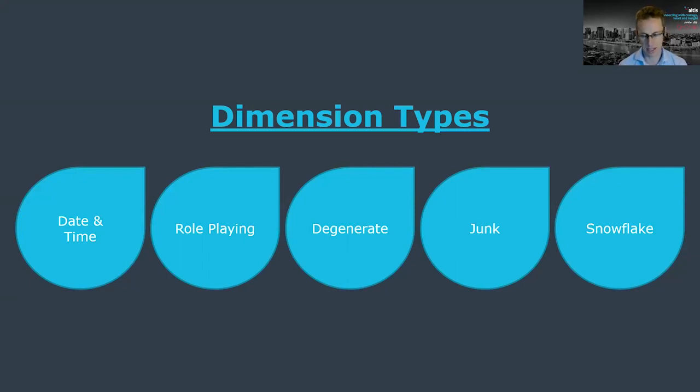You may choose to take that out and create a separate product category dimension that has a relationship between the product dimension and the product category dimension rather than off your fact table. So you start to get this snowflaking effect, this spider webbing out of dimensions joined to dimensions, which is typically suggested that you don't do, but we talk to what these types are because they do exist.